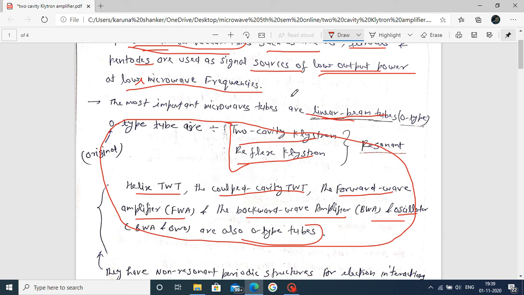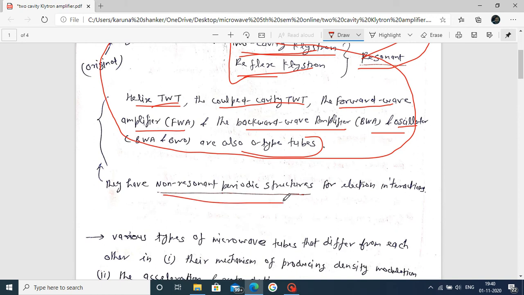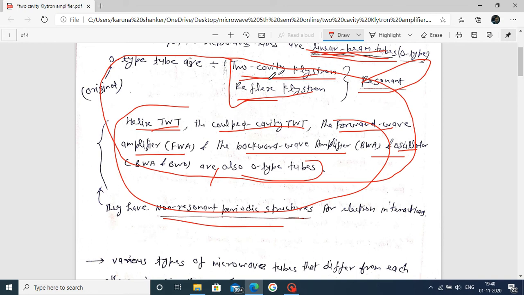Microwave tubes are of two types: the O-type tube, also called a linear beam tube, and the M-type tube, also called a cross field tube. Now the focus is on the two cavity klystron and reflex klystron, which use a resonant structure.